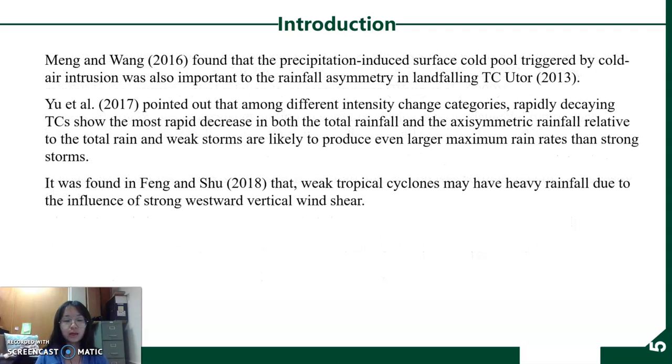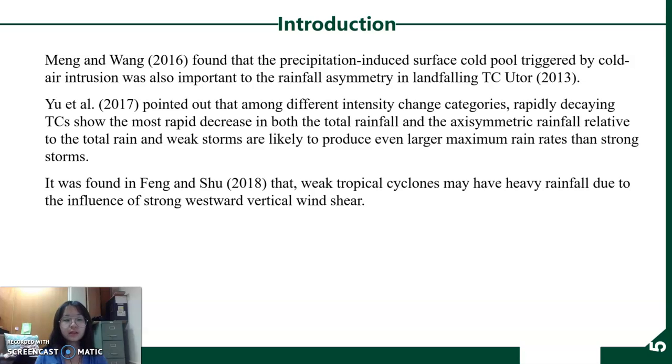Wang and Wang in 2016 found that the precipitation-induced surface cold pool triggered by cold air intrusion was also important to the rainfall asymmetry in landfalling TC Fitow in 2013.